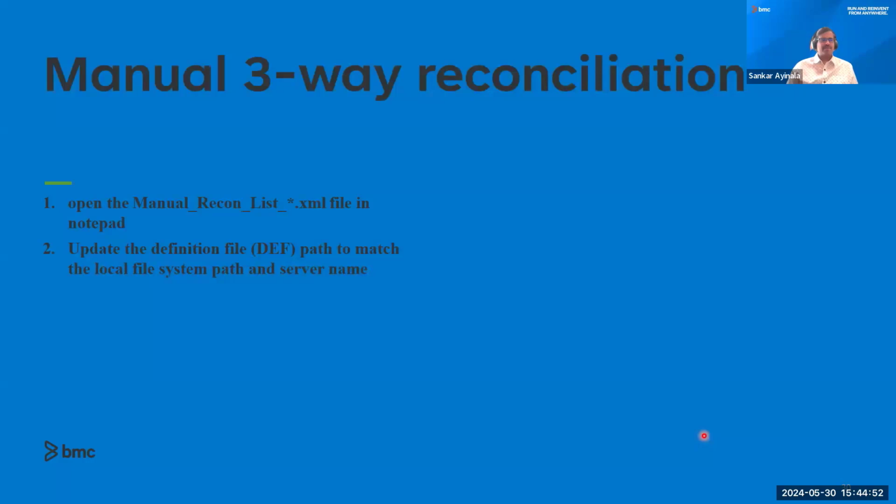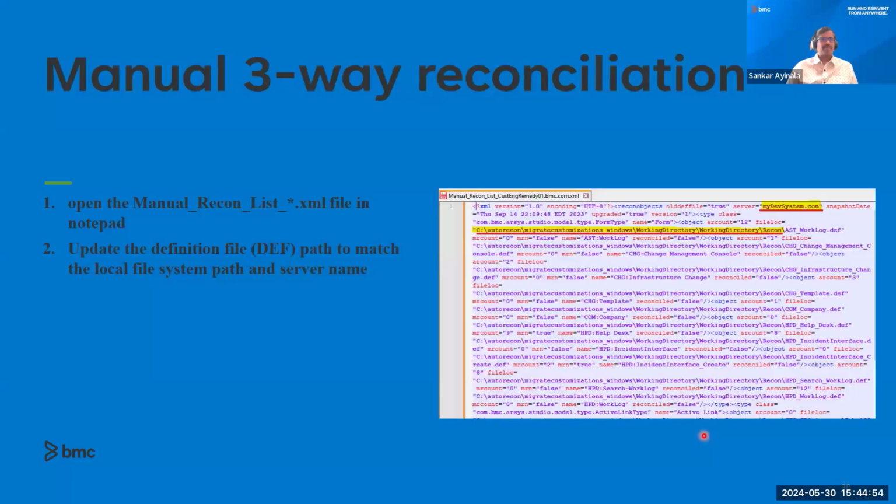So these are just the steps that we already discussed. If you are using the workflow migration utility to perform auto recon, the files are generated in your tool server. And if you are performing three-way recon on your laptop using Developer Studio, you have to copy those files.